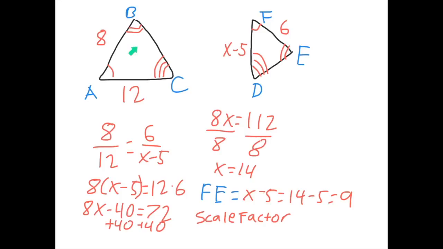But to get it from this one to this one, you have to actually do the opposite, so 6 over 8, which reduces to 3 over 4. So the scale factor is 3/4. So the three things you needed to find: x is 14, FE is 9, and the scale factor is 3/4.